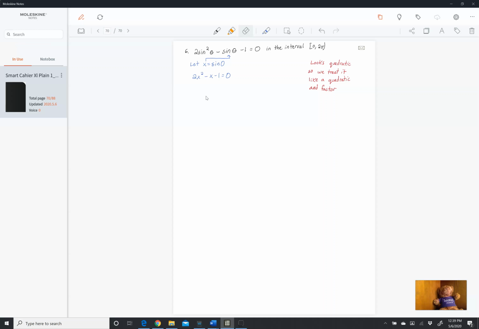Whatever method you use is fine. This factors to 2x plus 1 times x minus 1, and again, you can use the quadratic formula as well. You can use completing the square, although I think that would be a pain in this particular problem. So you get 2x plus 1 and x minus 1, and then substitute back.